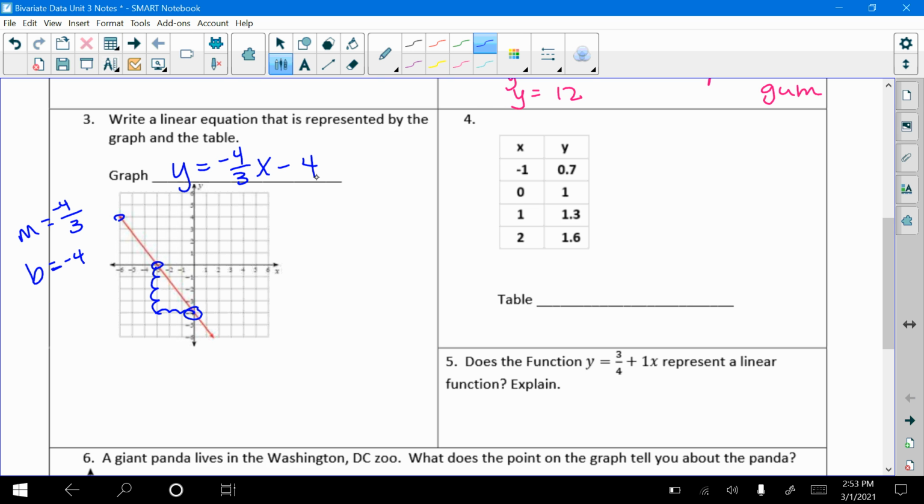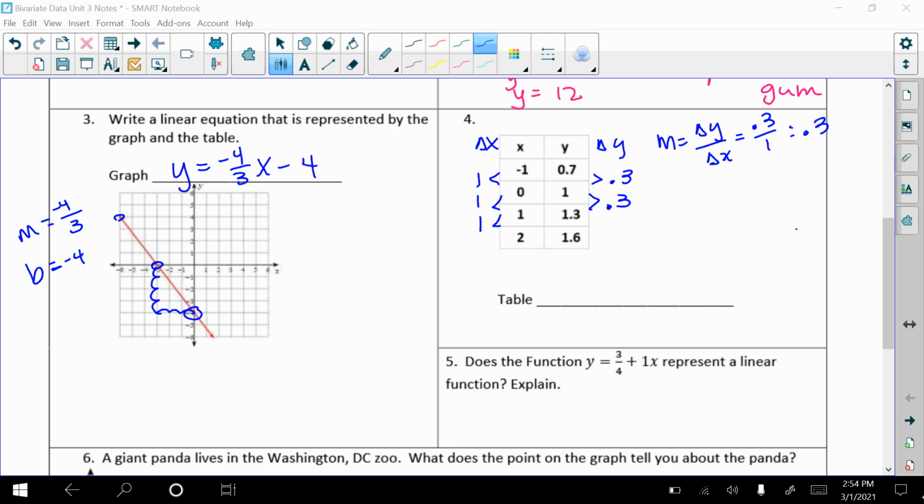On number 4, I'm working from a table, just like we did up above with the gum. So I know the change of y and the change of x. My change of y each time is going up by 0.3. And over here on the x's, I'm going up by 1 each time. So my slope is the change of y over the change of x. So it's going to give me 0.3 over 1, which is just 0.3.